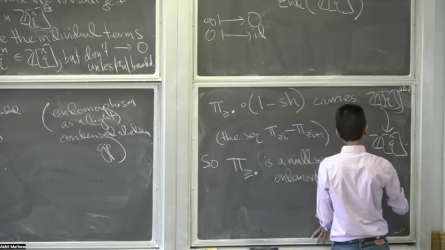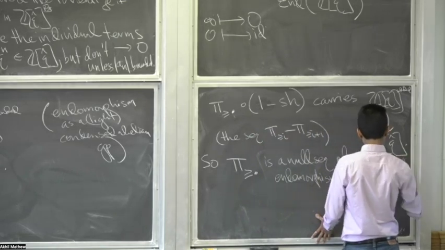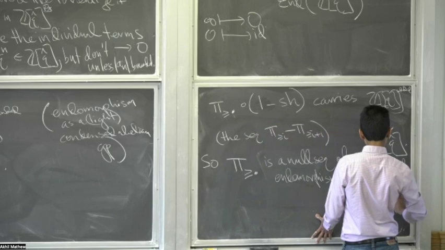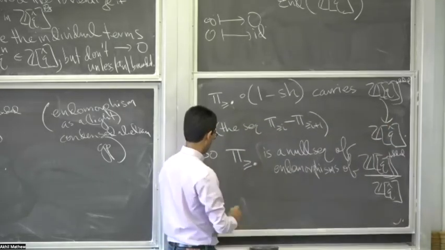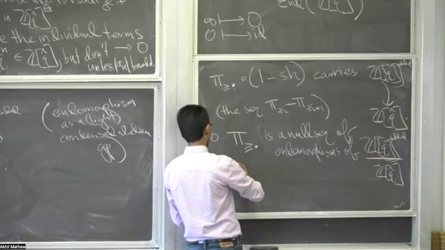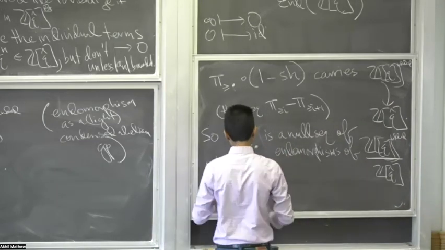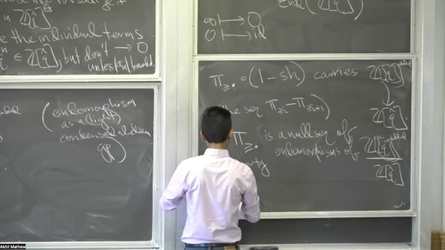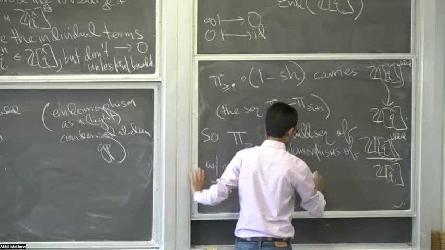Of Z[[q]]_bounded mod Z[q]-hat, and it has the property that on this quotient, π_{≥*} composed with 1 minus the shift operator is 0.